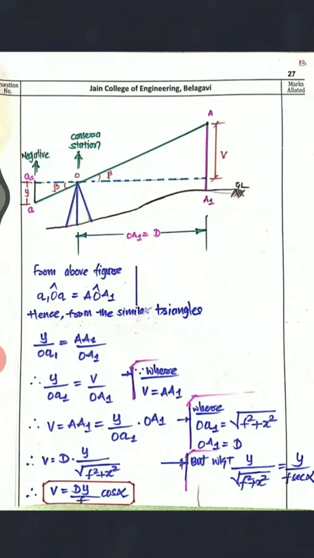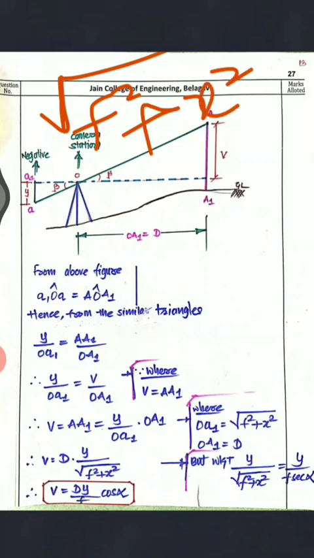Now this is the camera station; the image is generated on a negative, which is reversed, so A is here and A dash will be at the top. This we call Y, and the distance OA1 is going to be square root of F square plus X square.